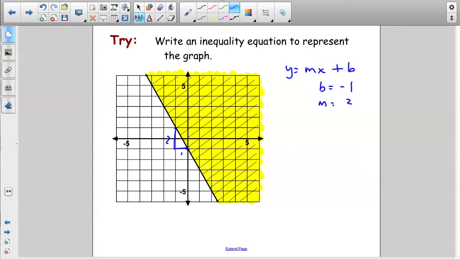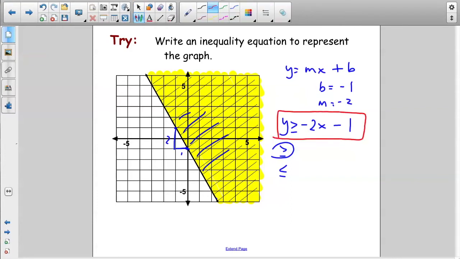And that's downright negative, so it's -2. So now I go y, -2x minus 1. Now what am I going to put in here? What inequality sign? So I know it's between these two because it's a solid line. And the shading is going up, so it's greater than, so it's that one. So that is the equation of that inequality.